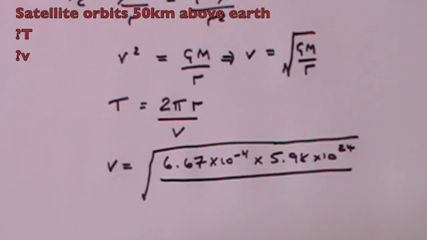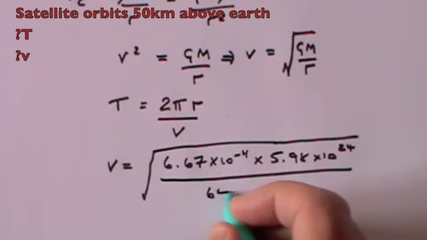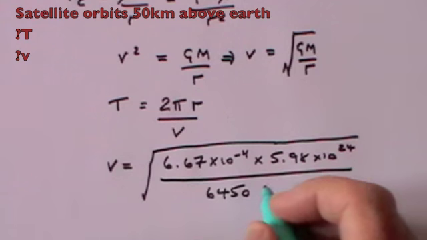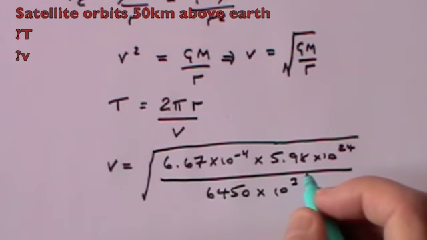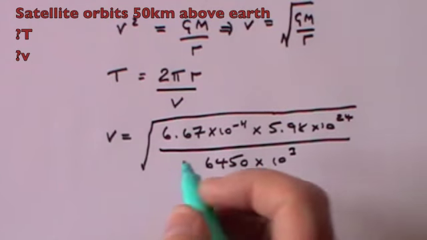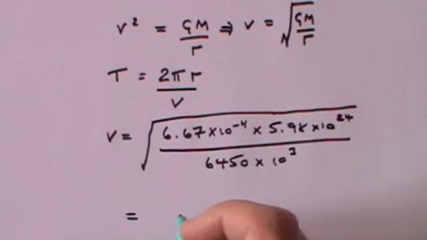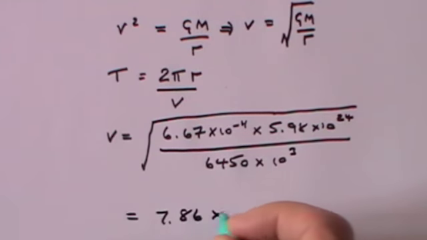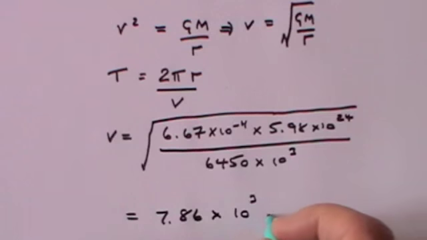Well, r is the radius of the Earth, which is 6,400 kilometres, plus the 50 kilometres above the Earth's surface that the satellite is orbiting. So that's going to be 6,450 kilometres, so we must convert that to metres. And then if you just do the straight calculation, you should find that that comes to 7.86 times 10 to the 3 metres per second. So the velocity of this satellite is about 7,860 metres per second.